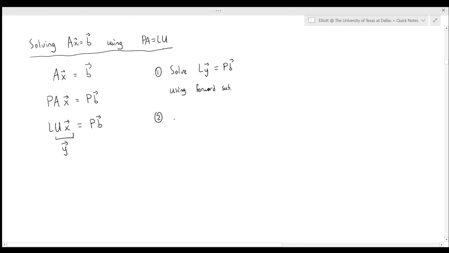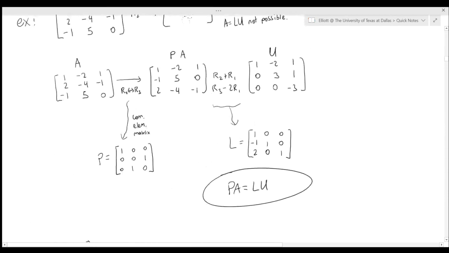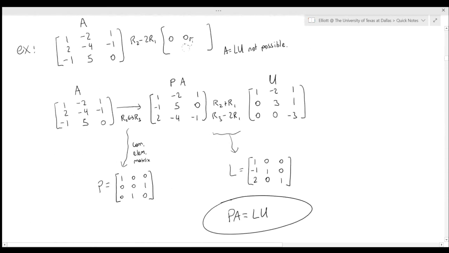Once you solve for Y, go back to UX equals Y. And you're going to solve this equation for X using backward substitution now, or just back substitution. Okay. And we'll just illustrate real quickly with the example that we have up here.